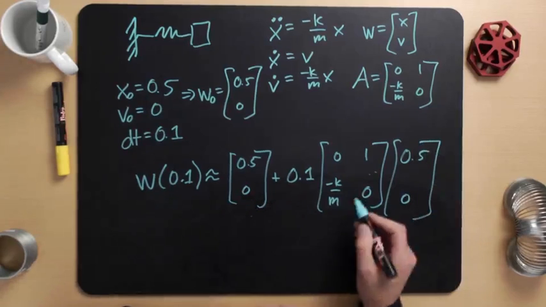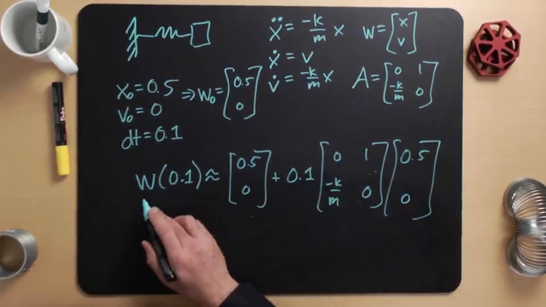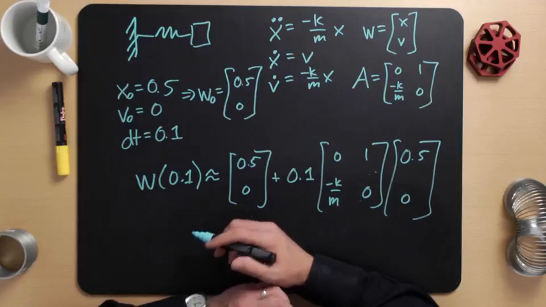The idea here is that if I multiply this out, then I'll get the update of w at time 0.1. Just as in lecture 4, we can repeat this process as many times as we like to get an approximate solution of the differential equation at any time.